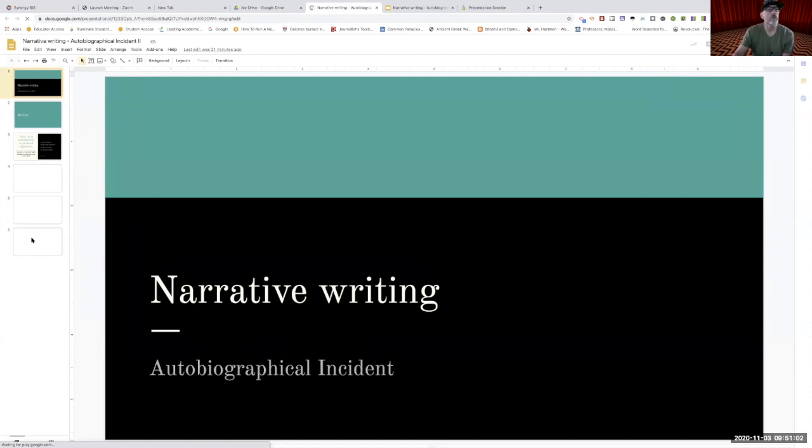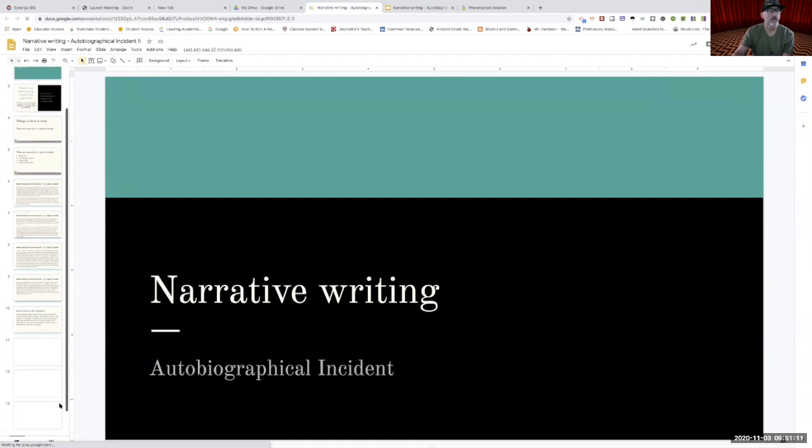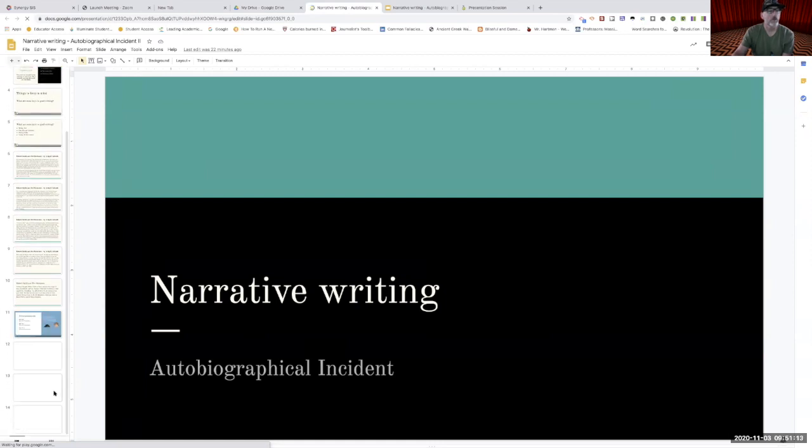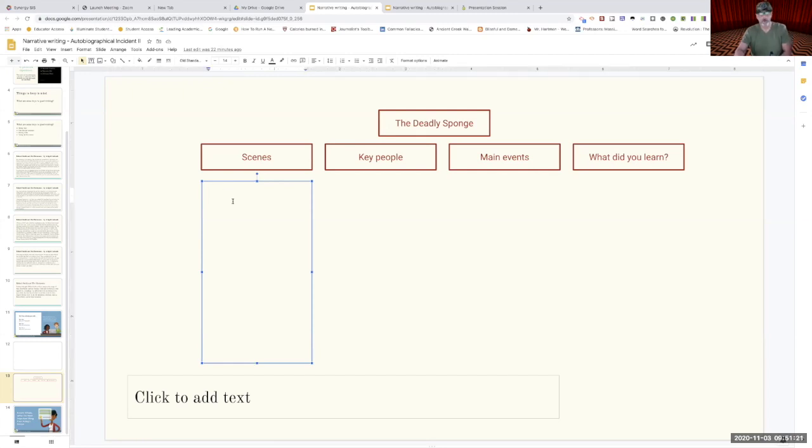But what I'm going to do is walk you through just two parts of what I'm setting up here. So those keys to good writing, I want to talk about here. So the deadly sponge, where does that take place? So this takes place in Hook.